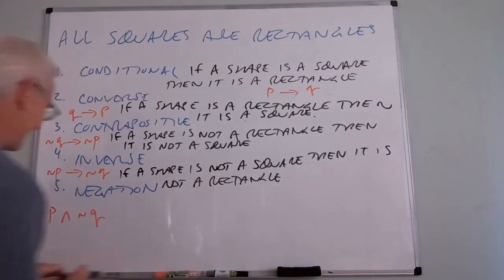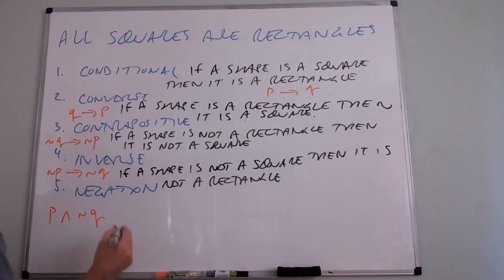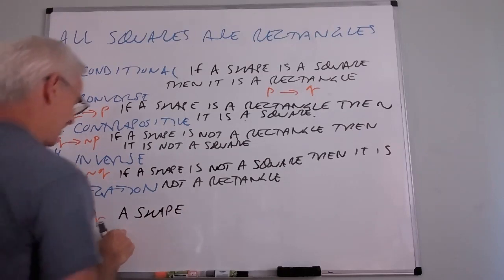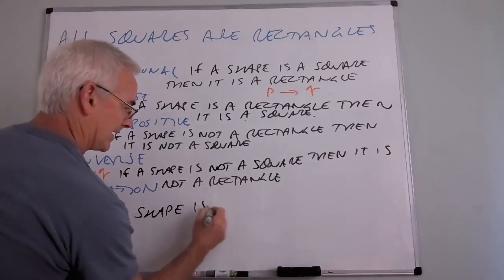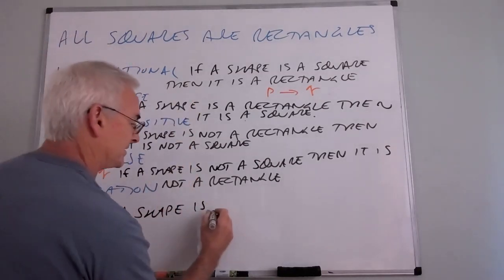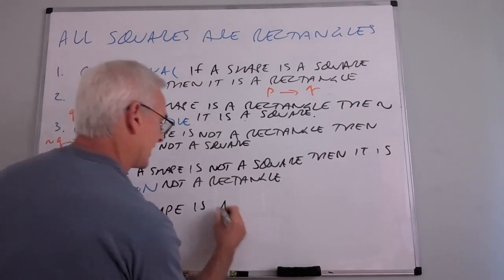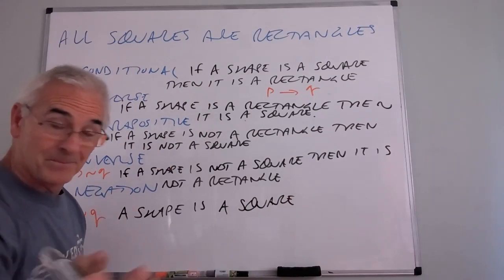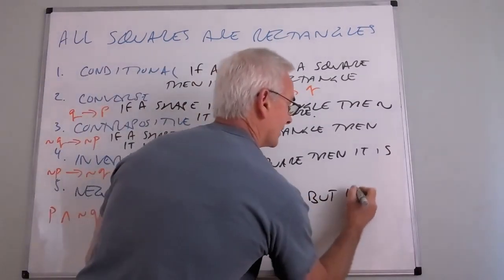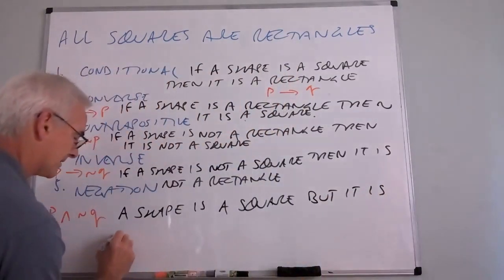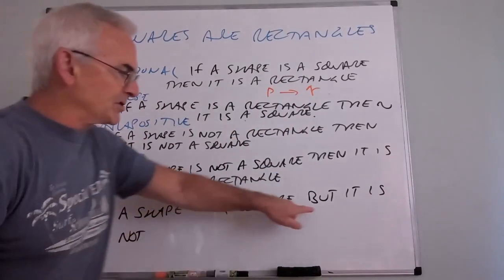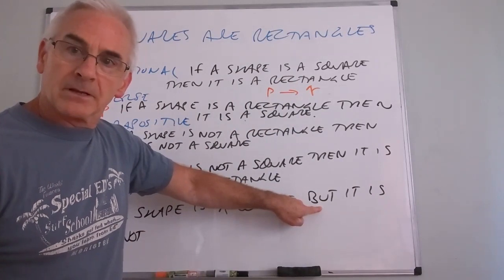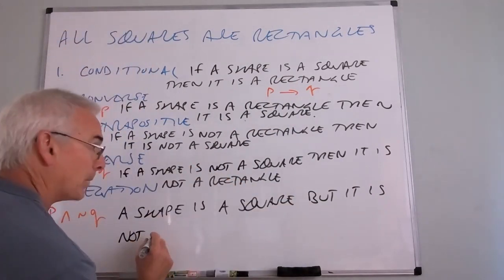So how do I say this? Either a shape is a square or... how about I just start with a shape? P was a shape is a square, but it is not a rectangle. Exactly. Could I use the word and? Yes. But it is not.